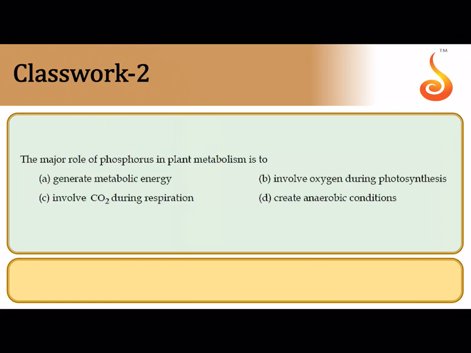The major role of phosphorus in plant metabolism is that it is involved in generating metabolic energy, because you all know that adenosine diphosphate is added with a phosphate in order to make the energy currency of the cell, which is the ATP.